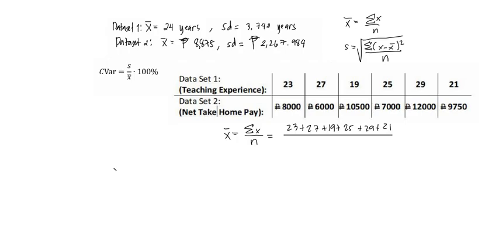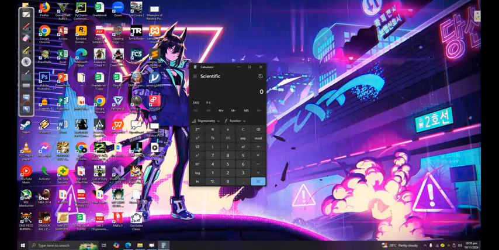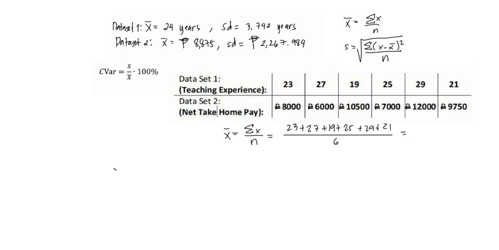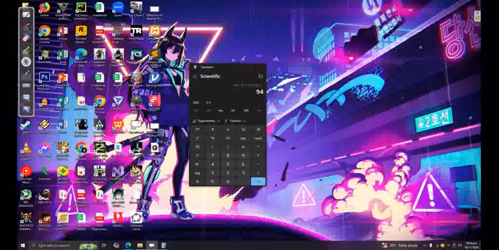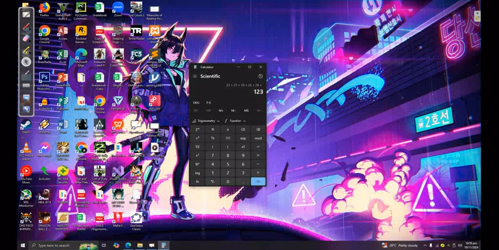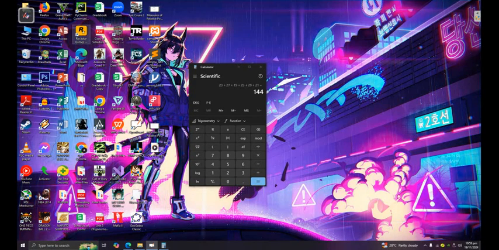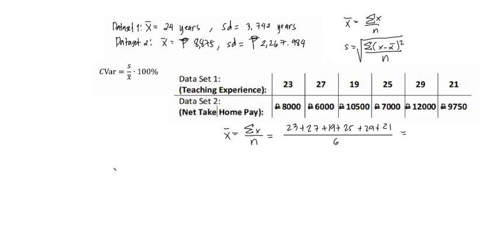So if you do that, let's try to use the calculator. That is 23 plus 27 plus 19 plus 25 plus 29 plus 21, which is 144, divided by 6.